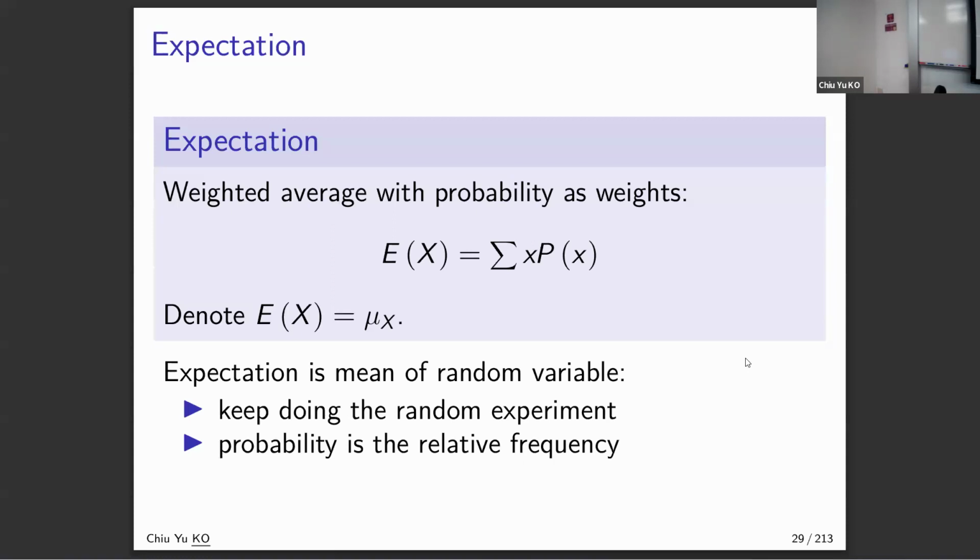So basically this expectation idea is very simple. Remember, we have a random experiment, we run it, and there's an outcome. The outcome can be head or tail, say, tossing a coin. The random variable tells us to record a number for this outcome, maybe 0 or 1 or 2, whatever number.